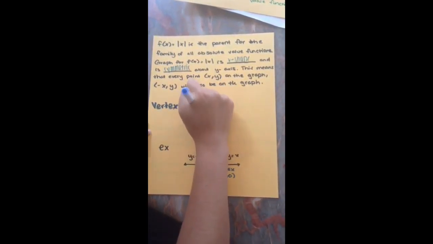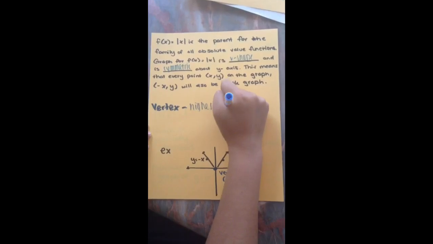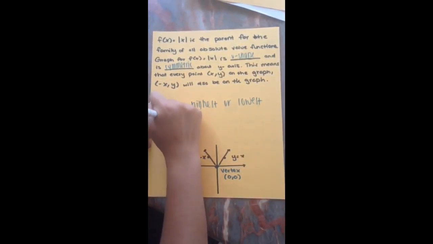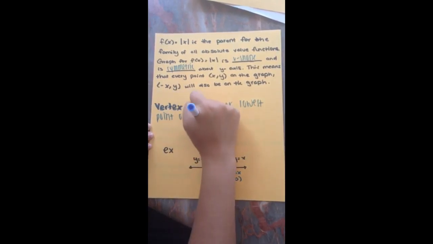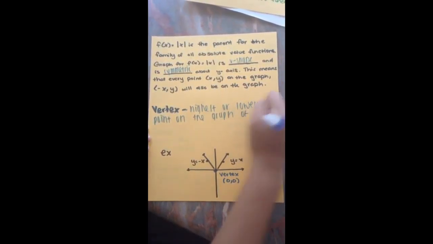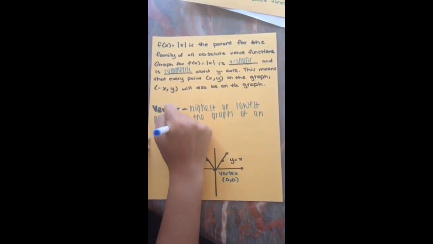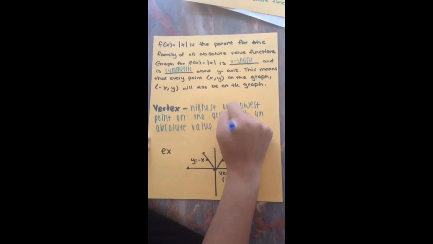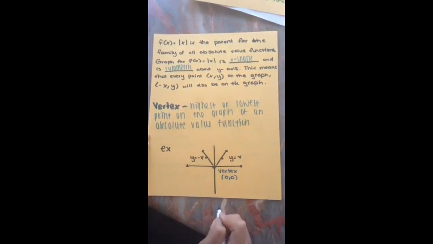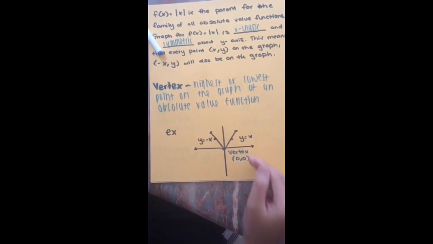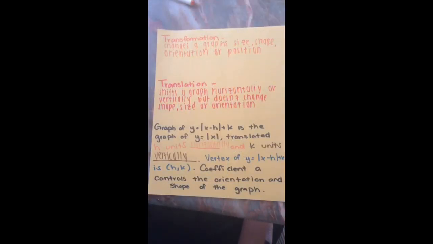The vertex is the highest or lowest point on the graph of an absolute value function. For example, here is the vertex, and this is the lowest point of the graph.